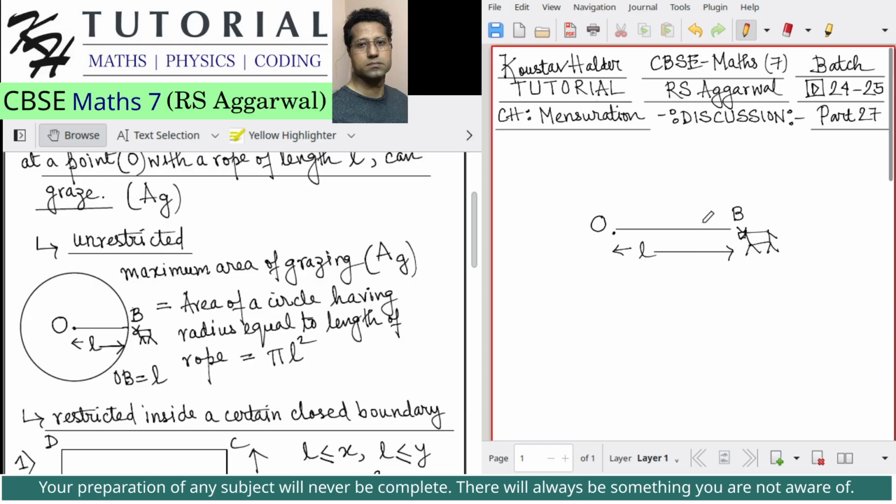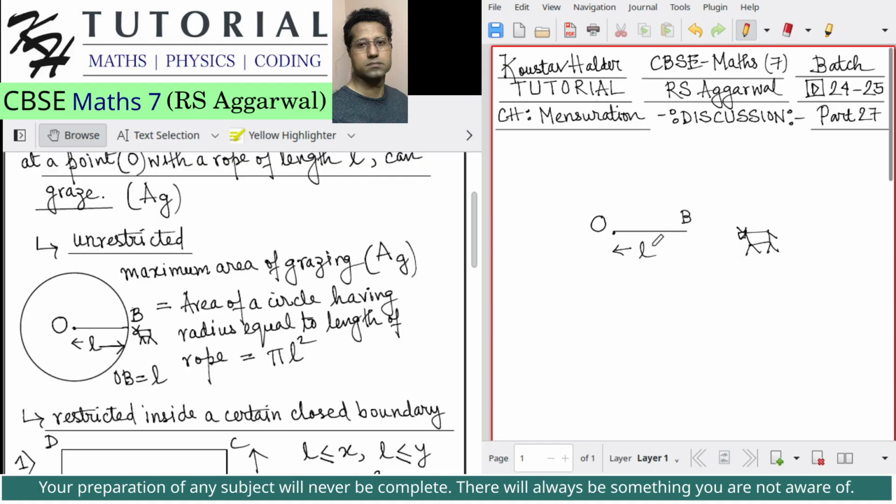So what is the maximum area that this animal can cover? As you can understand, let me decrease the size of the rope. Let's say this will be the rope OB.